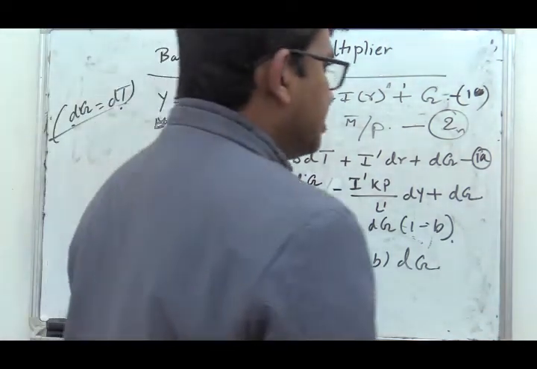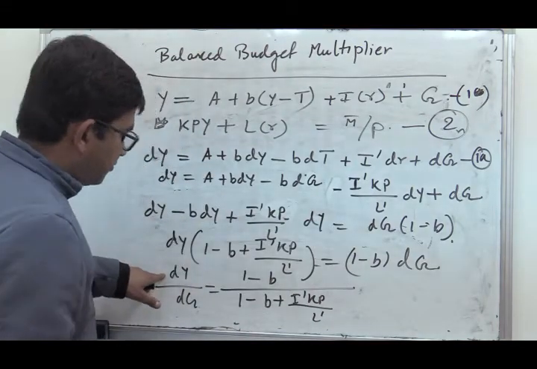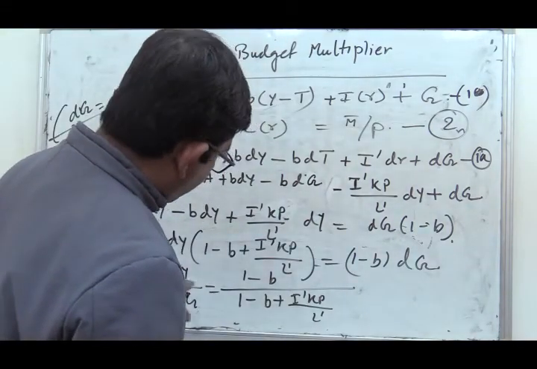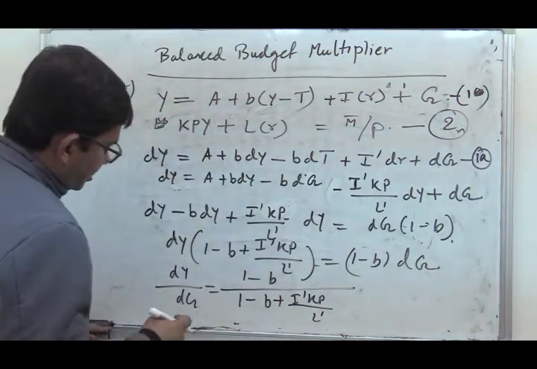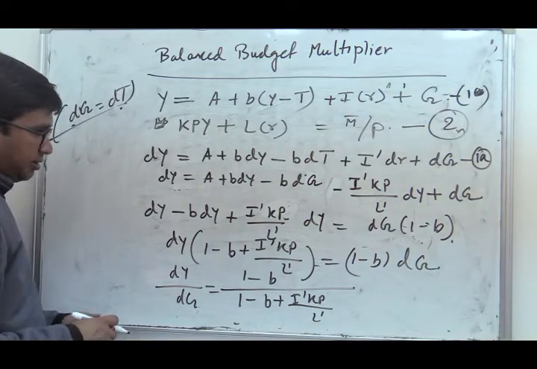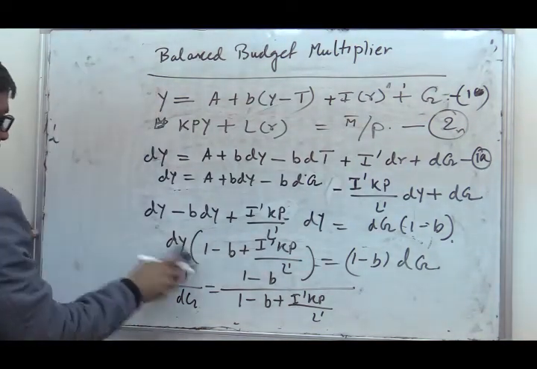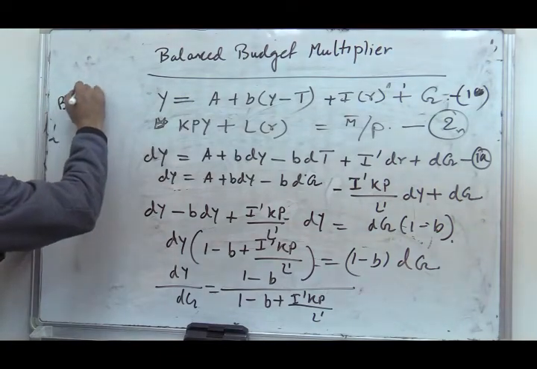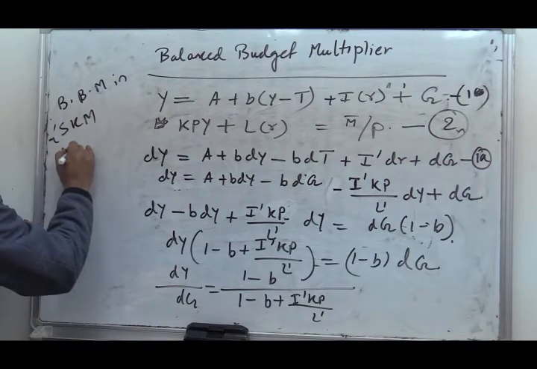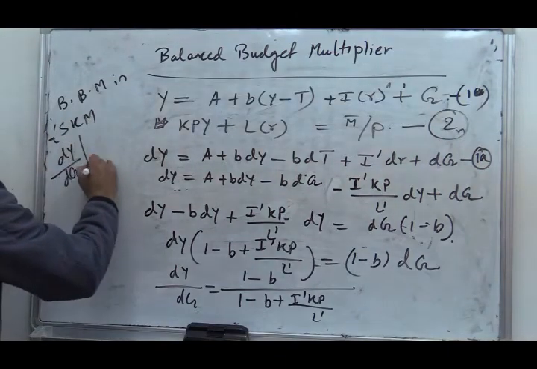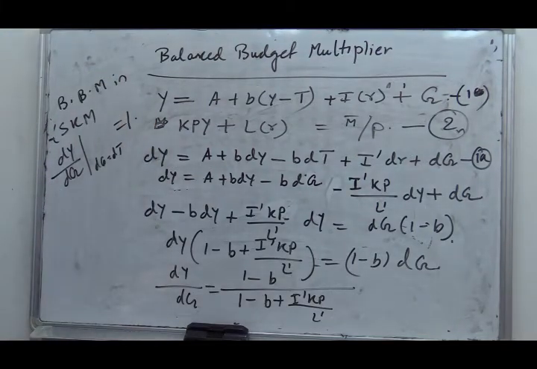Here we can compare this multiplier with two different multipliers. Number one, the balanced budget multiplier in the simple Keynesian model, and the government expenditure multiplier in the ISLM model. The balanced budget multiplier in the simple Keynesian model is dY by dG equals 1.